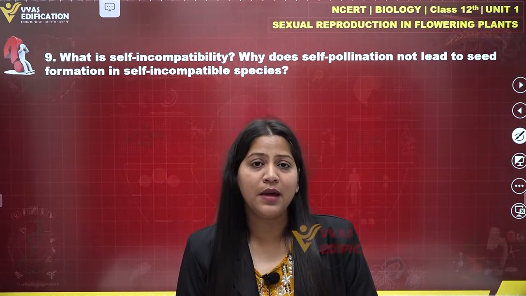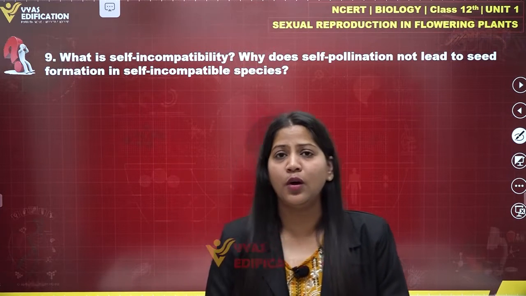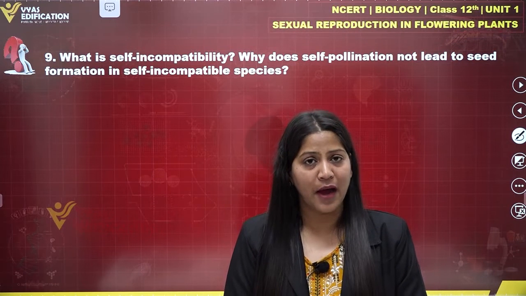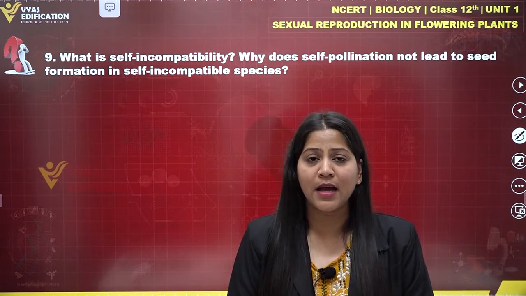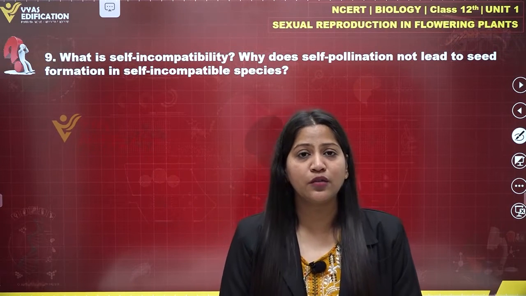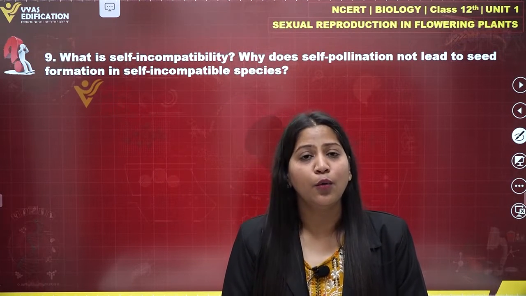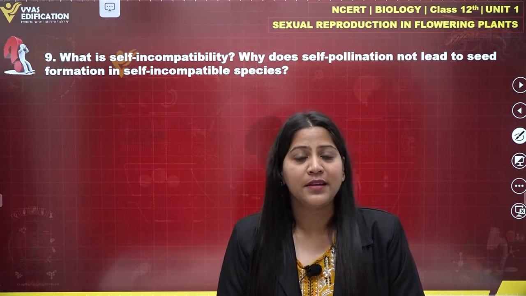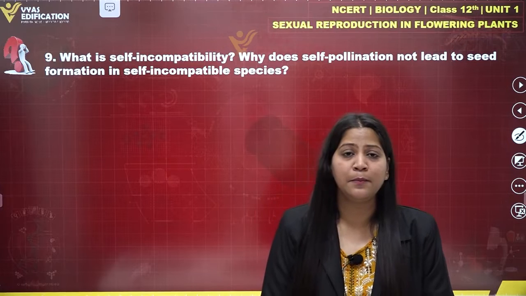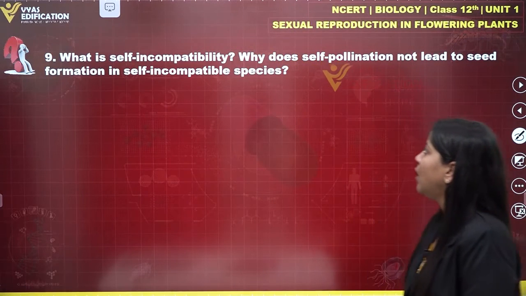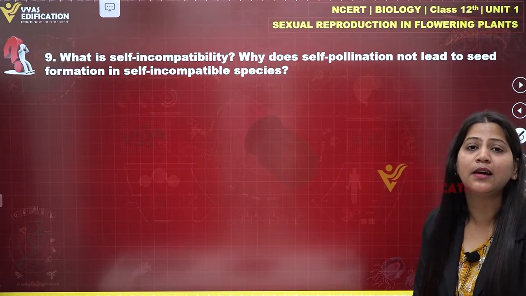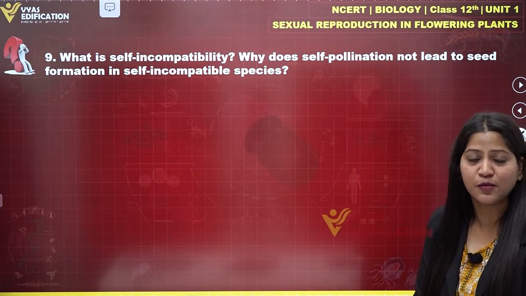This may occur due to some genetic factors, or many times it can occur because the maturation of male and female whorls of a flower takes place at different times. So this is the reason behind why self-pollination does not lead to seed formation in the self-incompatible species.